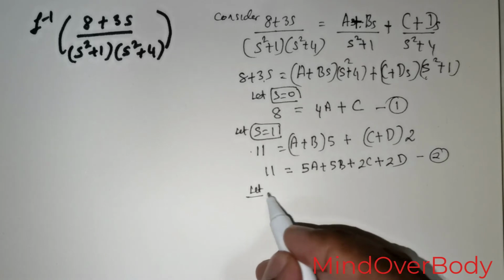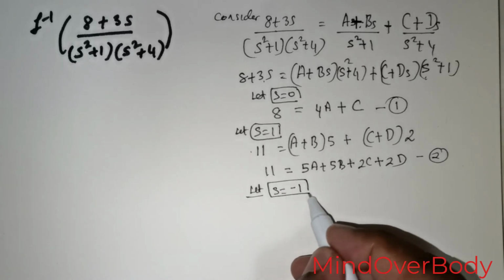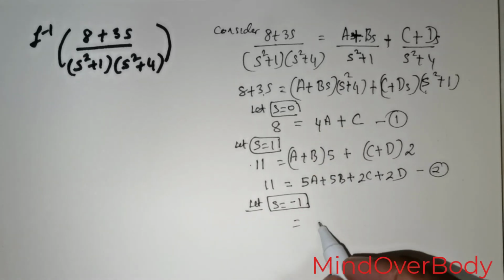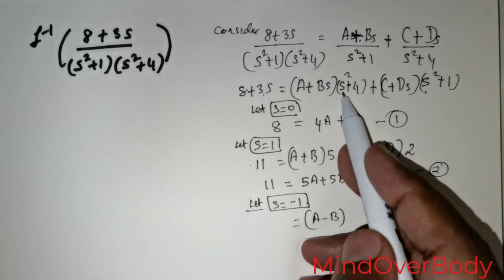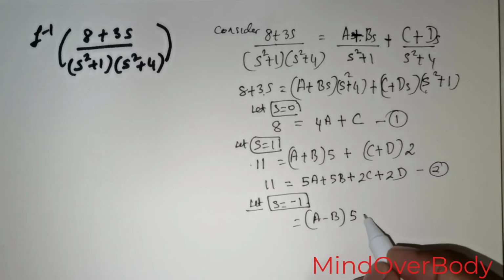Let me take s to be equal to negative 1. If I were to take s is equal to negative 1, I substitute here. This is going to be a negative b, and s is equal to negative 1, so 1 + 4 is going to be 5.